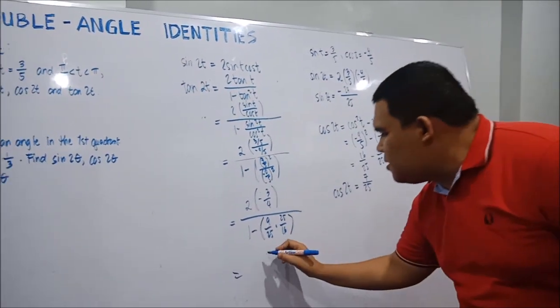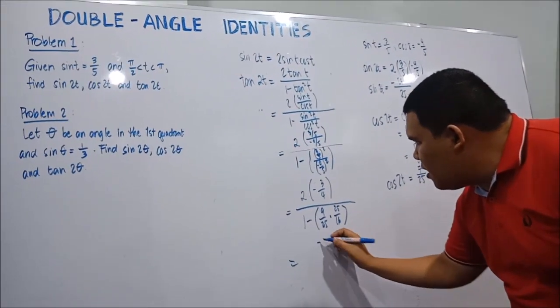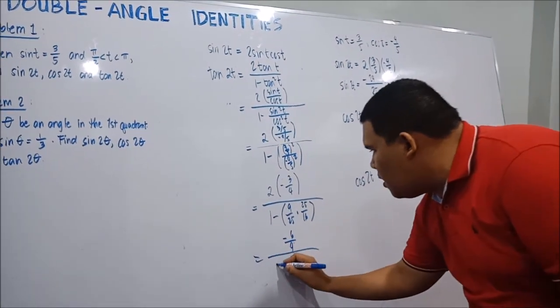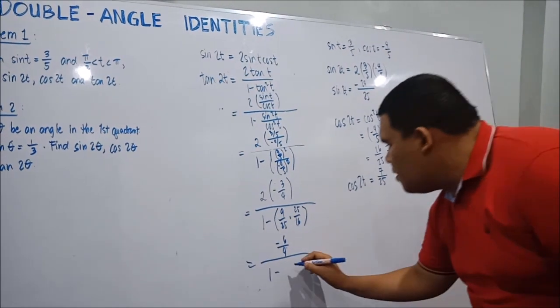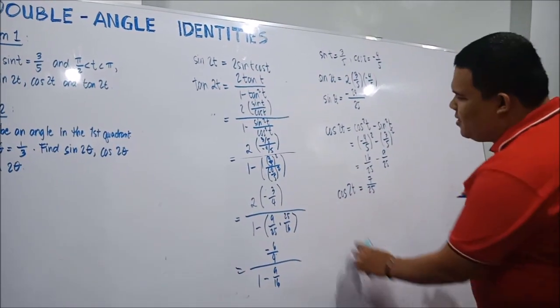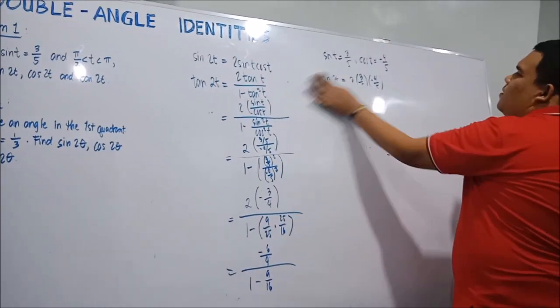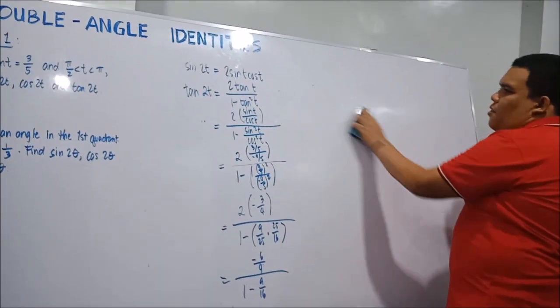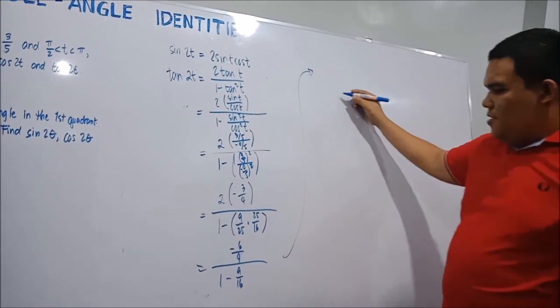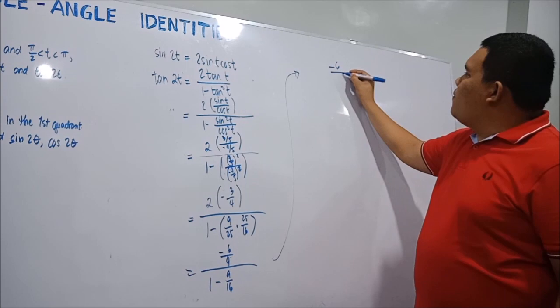So in the numerator we have negative 6 over 4. In the denominator we have 1 minus 9 over 16. It's a lengthy explanation.